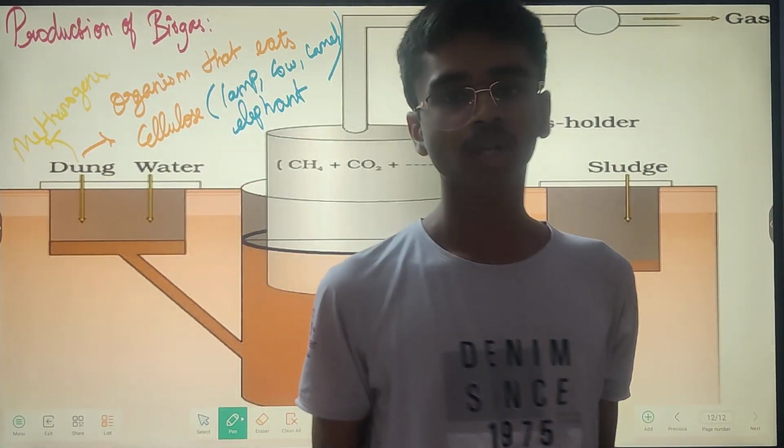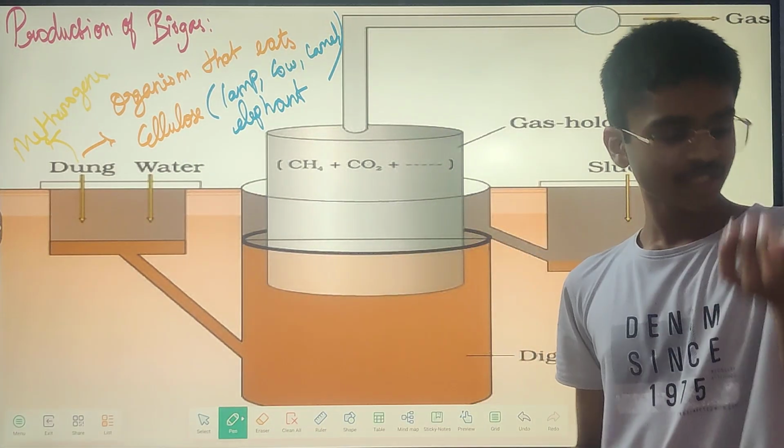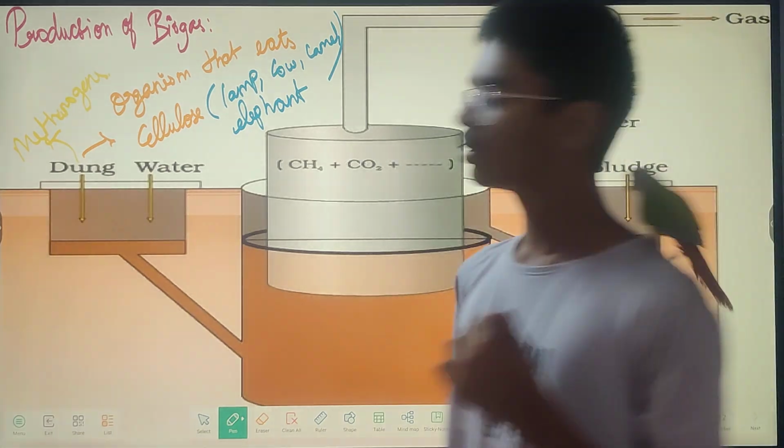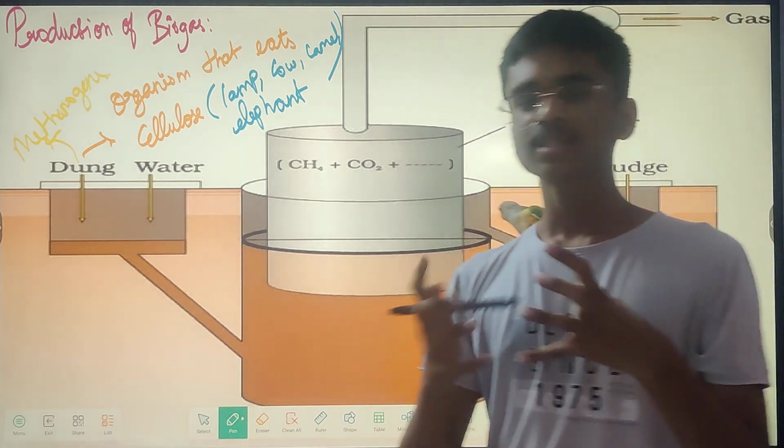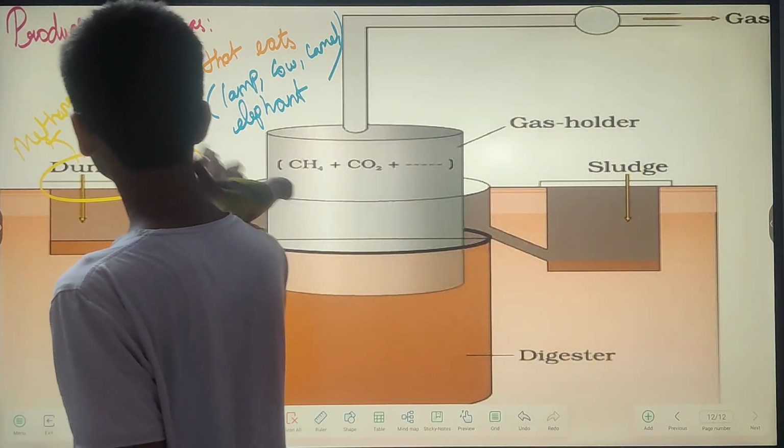Just like how we have E. coli, Escherichia coli, in our intestine, which produces vitamin B12, like that they have methanogens. So this dung and this water will both be mixed up, and it will give us a slurry substance.